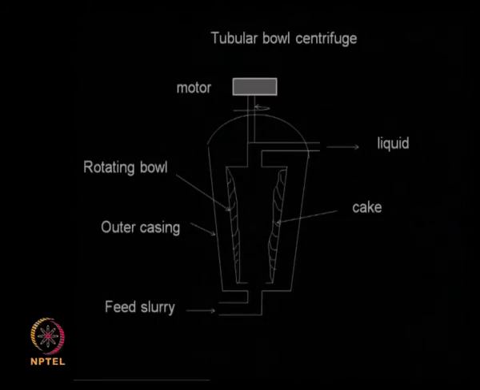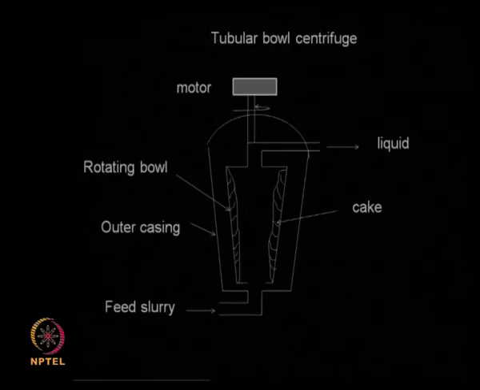Okay. Now the next design which we saw in the previous class is the centrifuge. A centrifuge achieves its driving force through the application of a high rotational speed, and because of these centrifugal forces solids get thrown out to the walls and the liquid flows right through the center, and that is how you achieve a solid liquid separation.